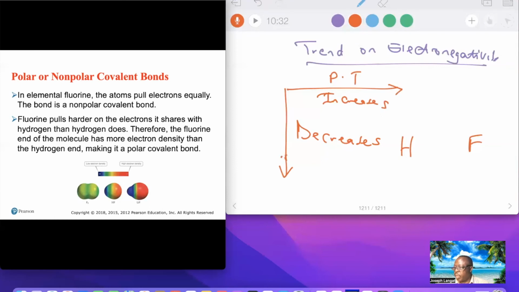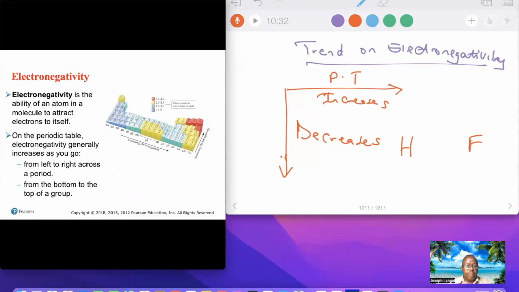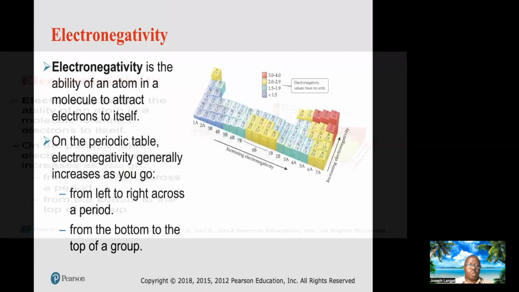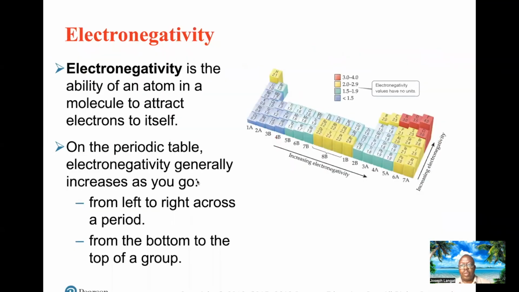Based on the trend on the periodic table, fluorine is more electronegative. Therefore, it will tend to pull electrons toward itself, making it electron rich. There are some electronegativity values which I don't want you to memorize. All I want you to know is the trend on the periodic table.